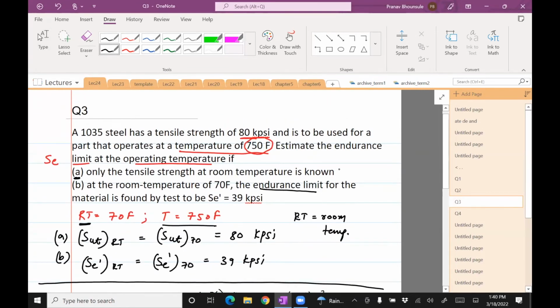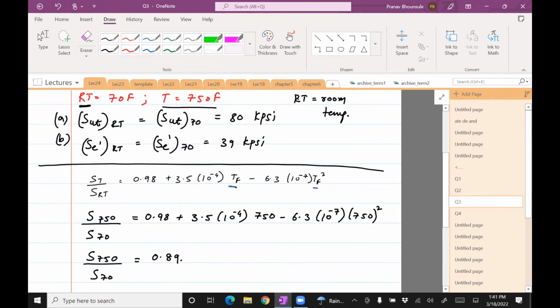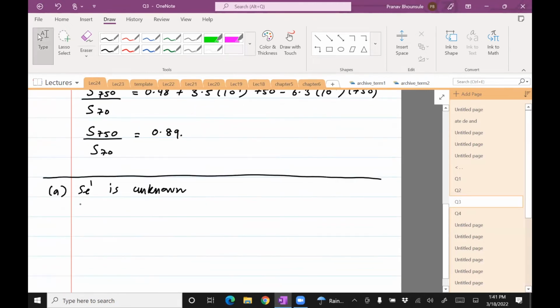You're not given that in the first part. In the second part, you're given that. So just put a different number. This is 1. So ST over SRT is 0.89. We've computed that.